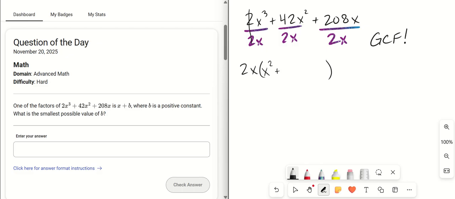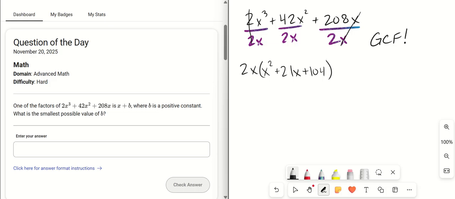And then I see a plus sign. 42 divided by 2 is 21. X squared divided by x is x. Then I see a plus sign. 208 divided by 2 is 104. And x divided by x, that's going to cancel out.